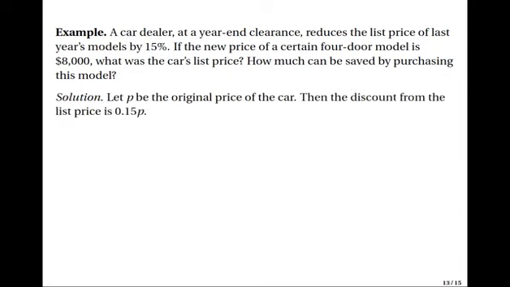Then, the discount from list price will be 0.15 P. So 15% discount. Okay? So you multiply the price from last year by 0.15. Okay? So we have the list price minus the discount. That will be the new price.